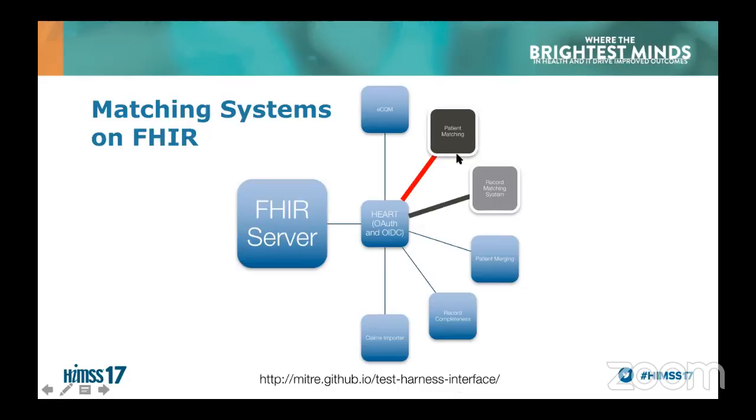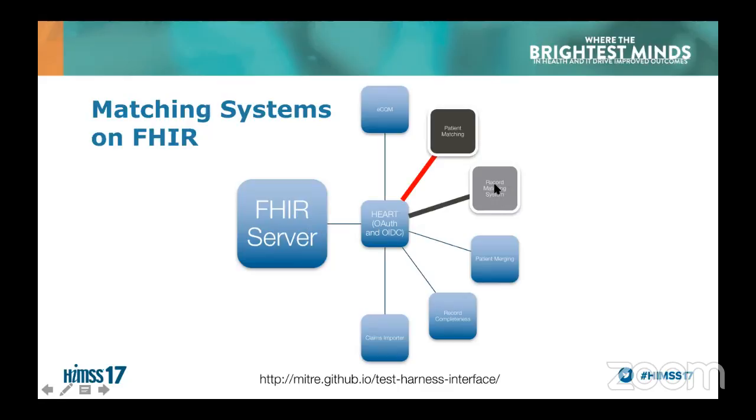And we actually use FHIR, so we have a patient matching test harness, which I'll talk about on my next slide, that has a way of queuing up jobs for record matching systems, so that we could say, hey, we would like you to match all the patients in Massachusetts, and then that job would make it back to the record matching system through FHIR, and then the record matching system would use FHIR to obtain all the different patient records and do its matching logic.